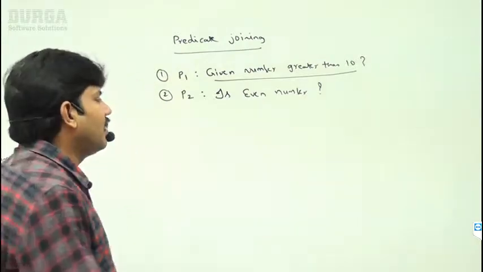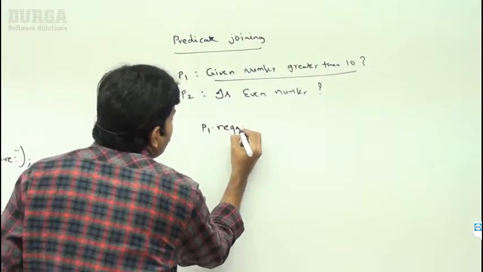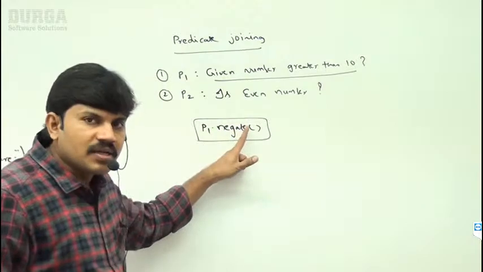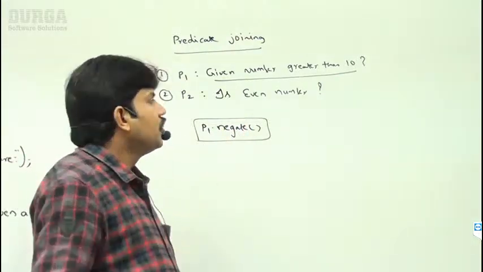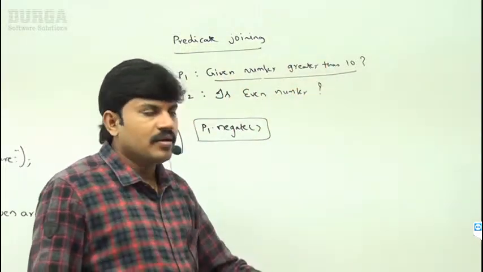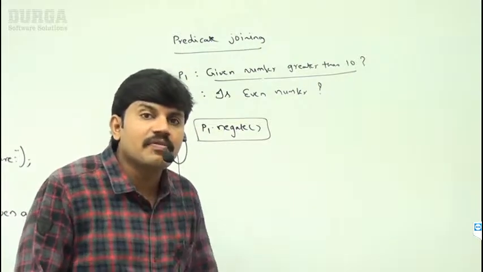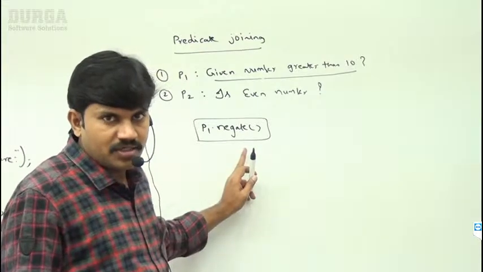Yes, sir, if I use P1.negate(), automatically the condition will be reversed. Now P1.negate() is going to check whether the given number is not greater than 10. Everyone can understand?